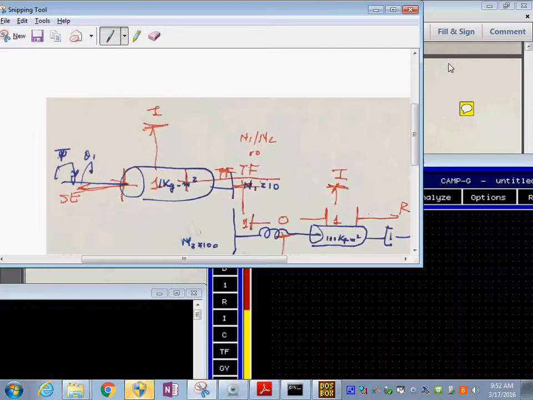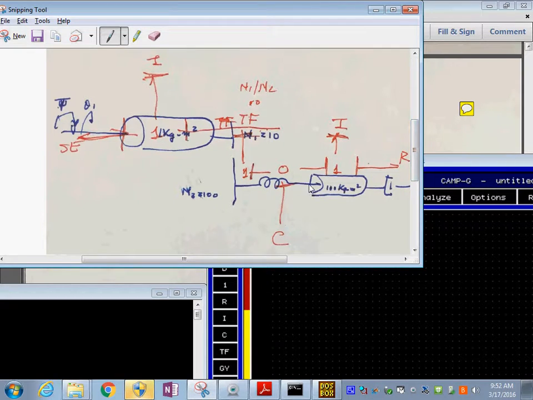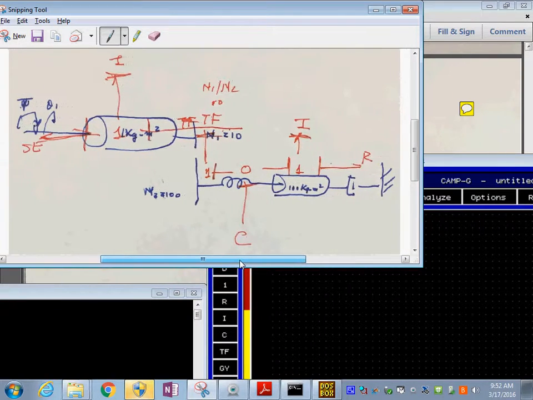Maybe what we could do is number this 1 and 2, and then 3 and 4, and 5 and 6, 7, 8 and 9.